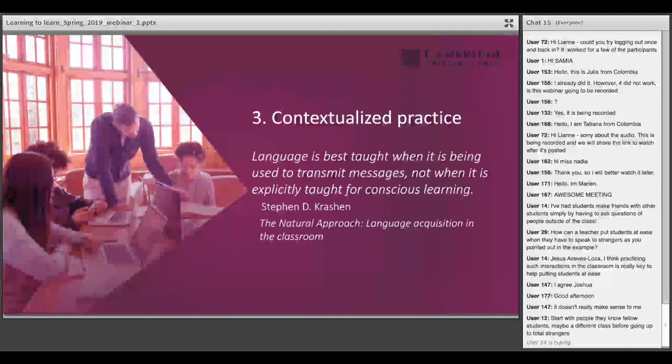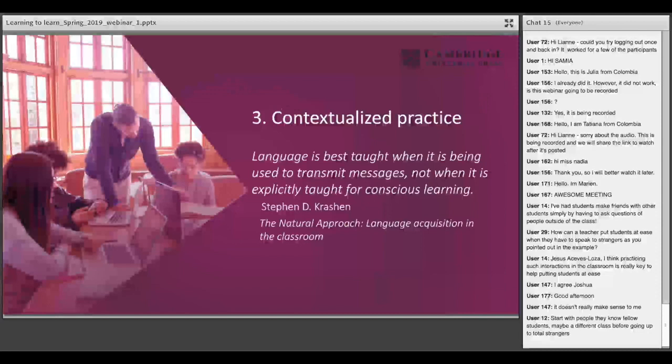And I think this is a nice bridge, if you will, from the scaffolding to contextualized practice. Because so many times in grammar classes, particularly, we have the situation where students are practicing these forms in a decontextualized manner, and often in something that's not very scaffolded.